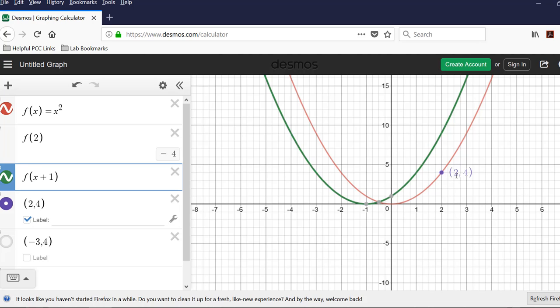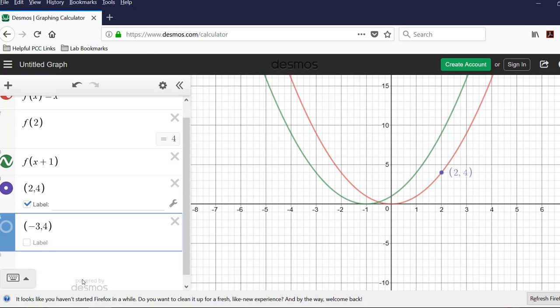What has happened to this point right here, this (2, 4)? Well, the point (2, 4) right now is (1, 4). So that point that used to be here has now moved 1 to the left. But you'll notice again that what's changing is my x, not my y.